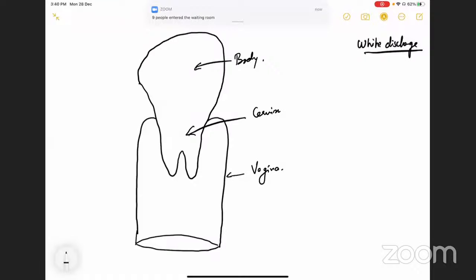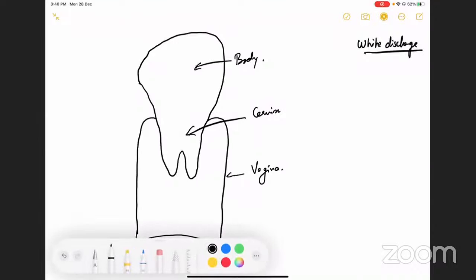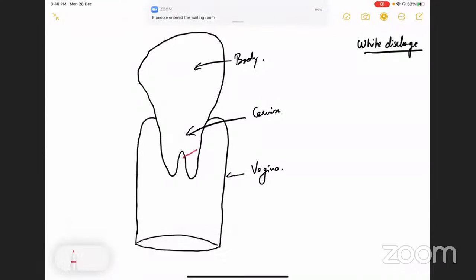What is important to understand is that in the cervix, there is something called the endocervix, which is the cervical canal. I'll try and draw it in red color. This is the cervical canal. What is important to understand about this cervical canal is that it has glands, which are called endocervical glands. These endocervical glands consistently produce the discharge.